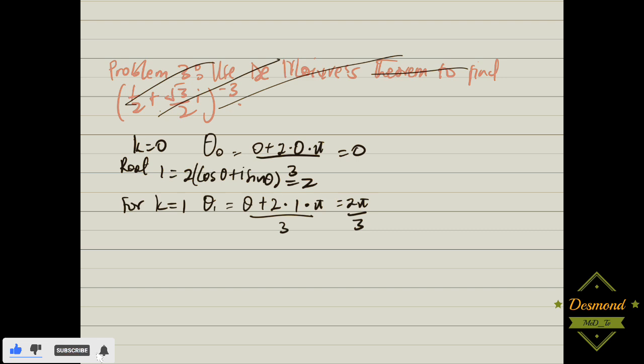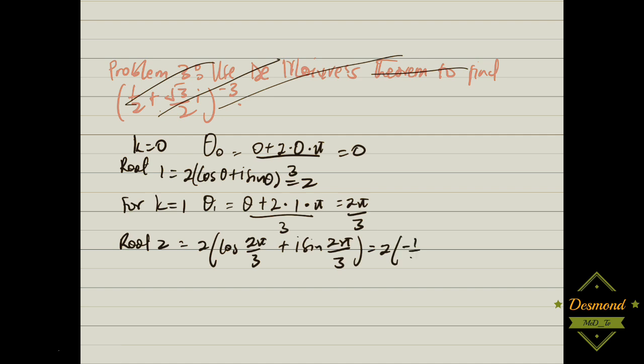So for root 2 we have 2 open bracket cos 2 pi on 3 plus i sin 2 pi on 3, and when we do it we should get 2 open bracket negative 1 on 2 plus i root 3 on 2, and when we simplify we should get negative 1 plus i root 3.